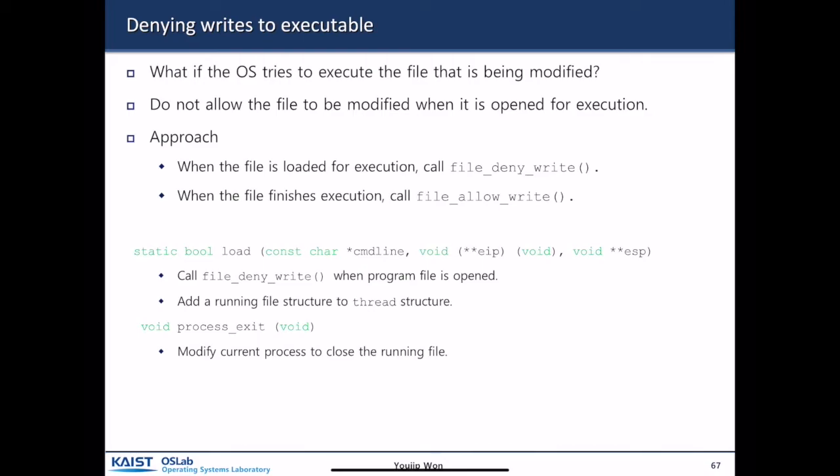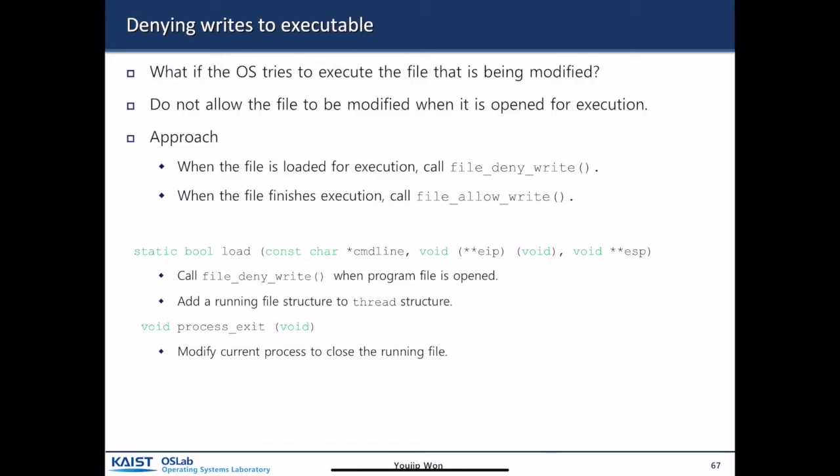The last topic you have to take care of is denying writes to executables. What if the operating system tries to execute a file that is being modified? Then the result can be unpredictable. So the objective of this topic is to not allow the file to be modified when it is open for execution. There are two approaches. The approach is that when the file is loaded for execution, call file_deny_write.